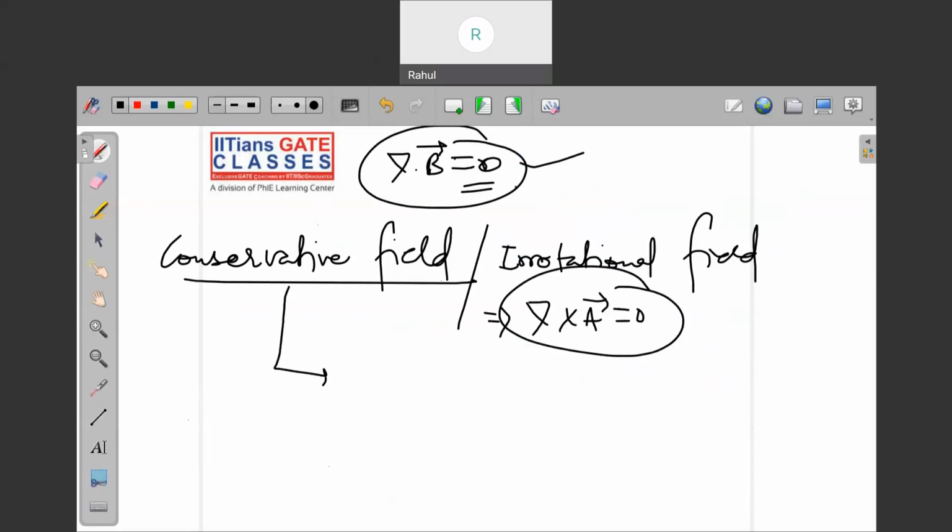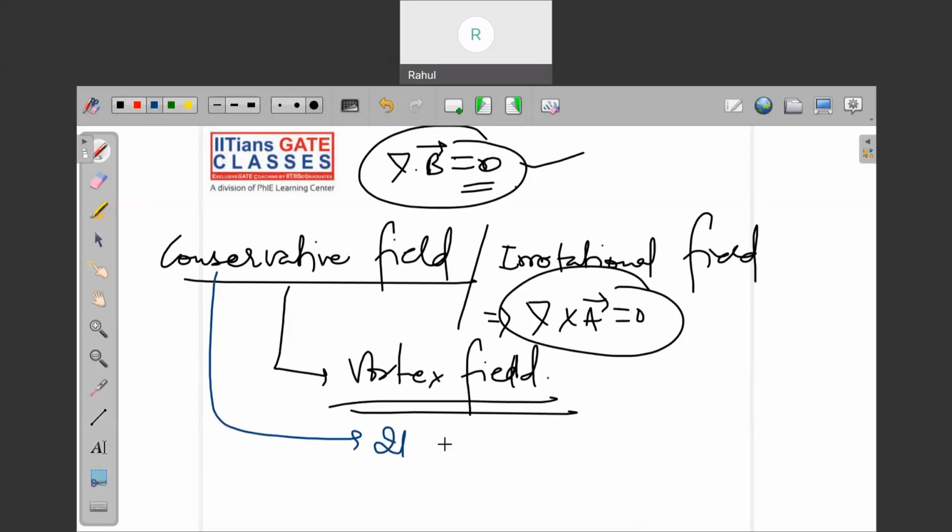It is path independent, okay? Remember, conservative means it is path independent. It shows the independence of path, right?